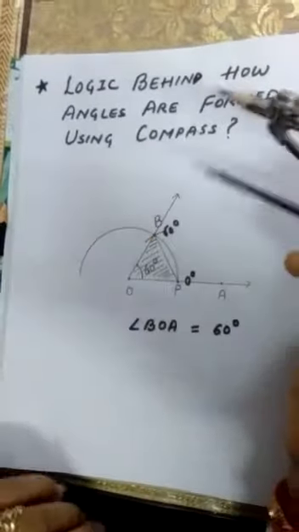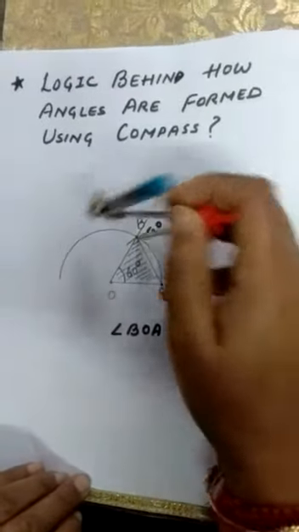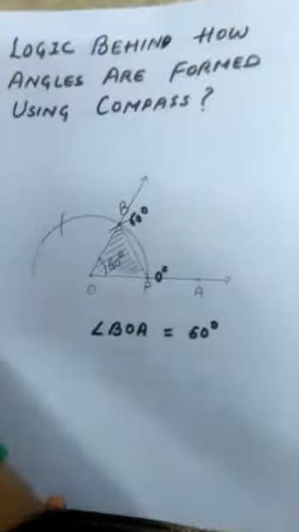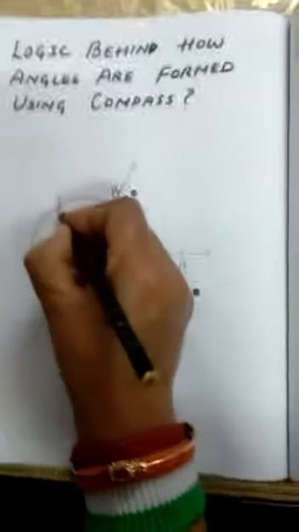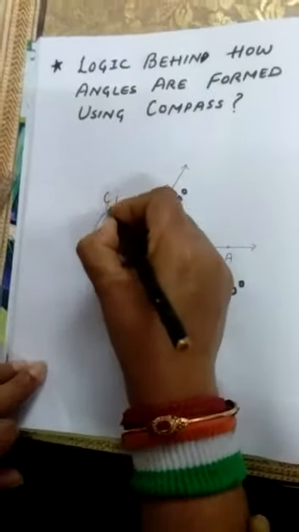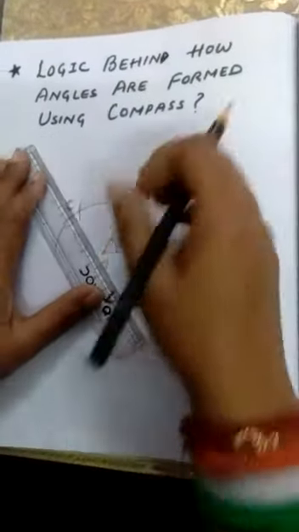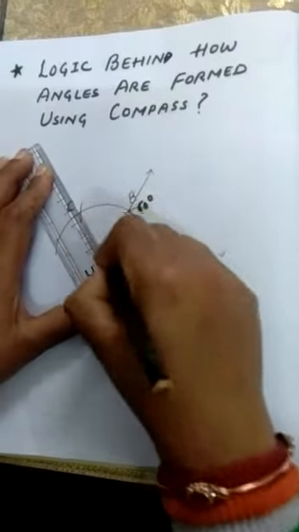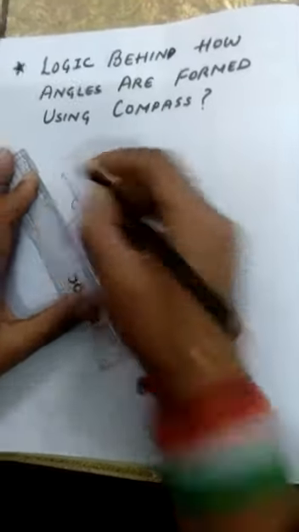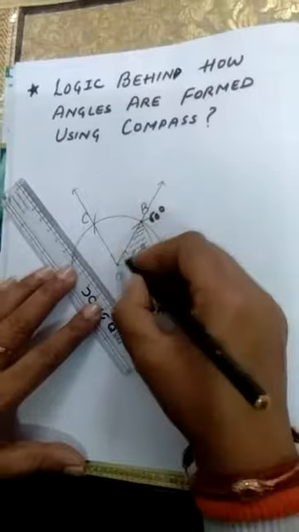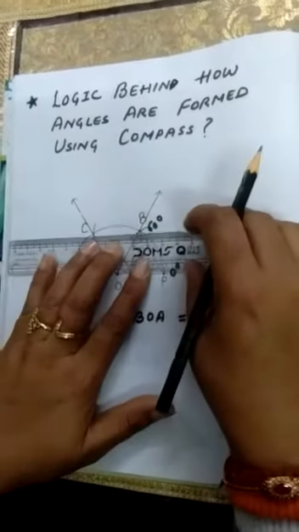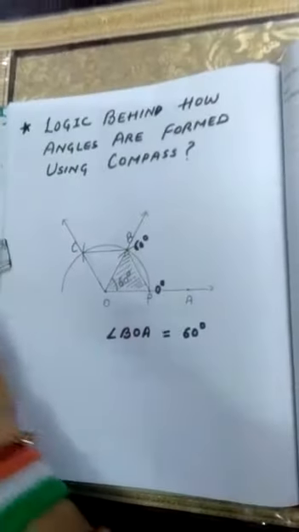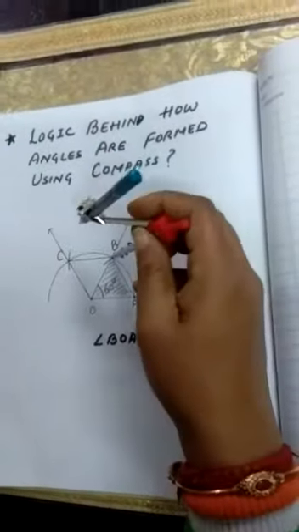Now again, without disturbing the compass, I have taken another arc which intersects the previous arc. Let it be point C. Now I am joining OC and extending it to make a ray. Again, OC is the radius of the circle, OB is also the radius, and if I join CB, it is also equal to the radius because I have not disturbed my compass.